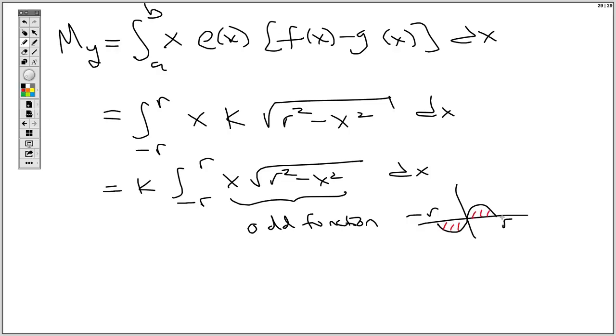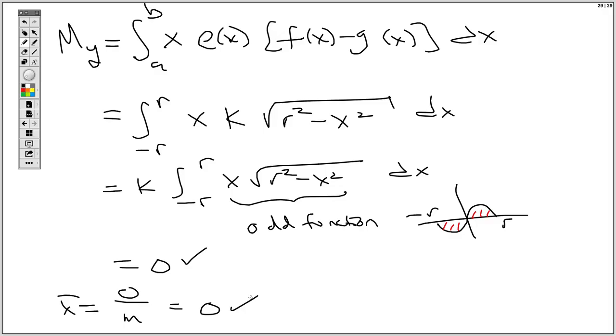What do we know when we integrate an odd function over an interval symmetric about the y-axis? The area above completely cancels out the area below. So this calculation matches our intuition that the x-coordinate of the center of mass would be 0 over the mass, which is 0. So the center of mass here is going to be somewhere on the y-axis.